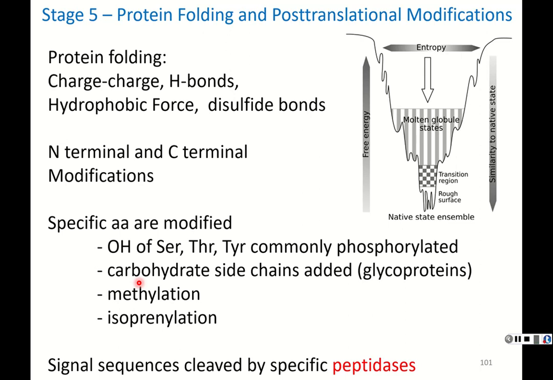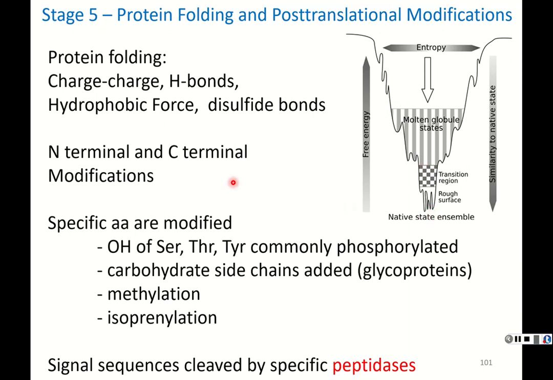Protein folding is thought to occur as a sort of potential energy well, where you have an unfolded state up here that has high entropy, and then you sample different local structures until you come to a lower potential energy.